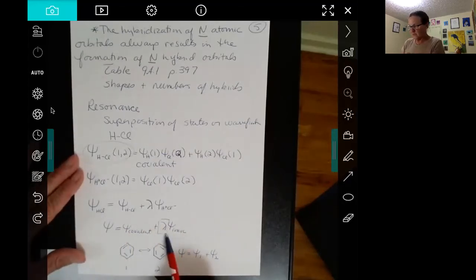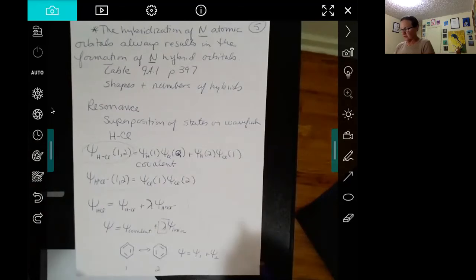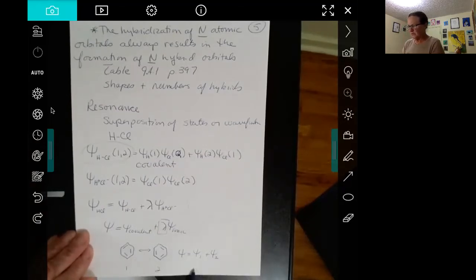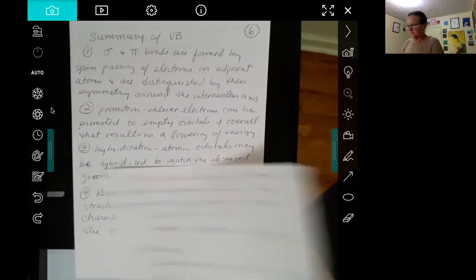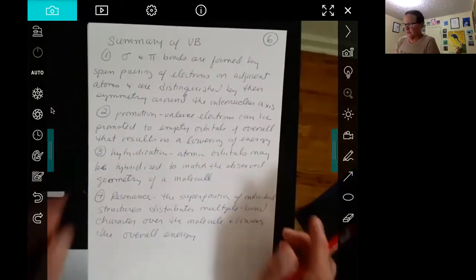So that would tell you what contribution the ionic resonance structure makes to the structure of HCl. We know clearly, like things like benzene have resonance structures. So that's a very popular concept within valence bond theory.